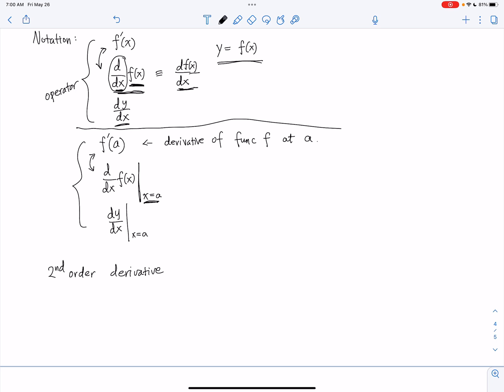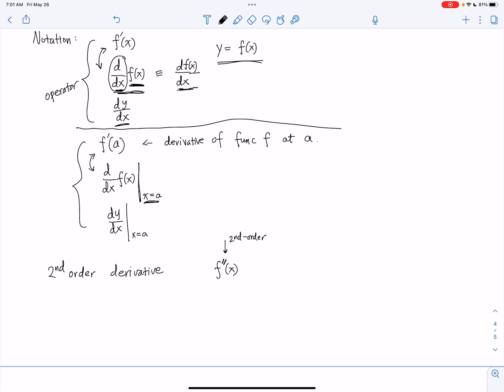If you take the derivative, and then try to do another derivative, you put two primes here, f prime prime. So two primes means second order derivative. Now you can do third order.